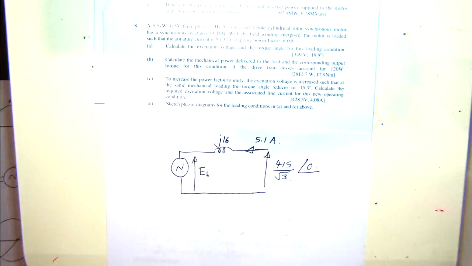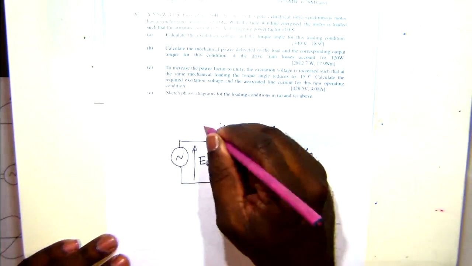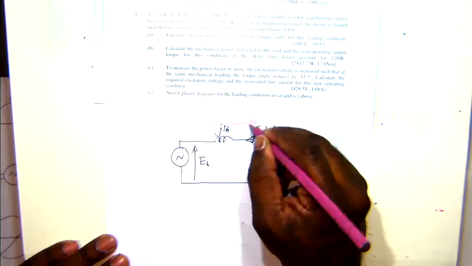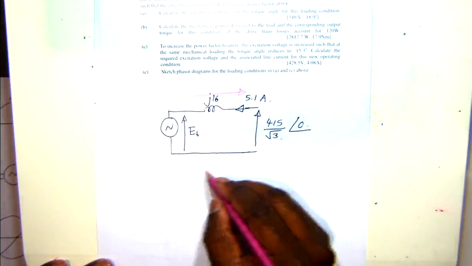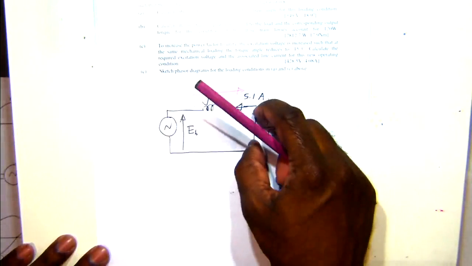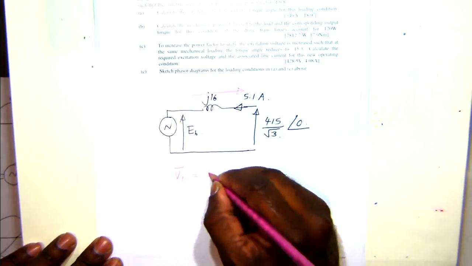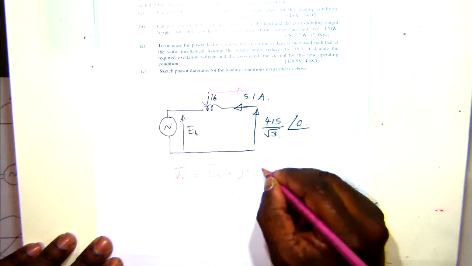So now it's similar to the DC motor calculations, but now it's a phasor calculation. It's no longer a simple calculation. So here we can write this. You have this voltage drop here. So this voltage plus the voltage drop across the synchronous reactance equals the terminal voltage. So then you'll have Vt phasor equals Eb plus jXs Ia.